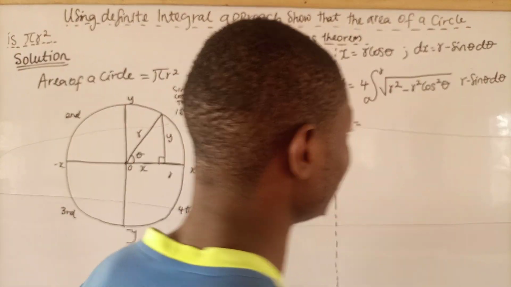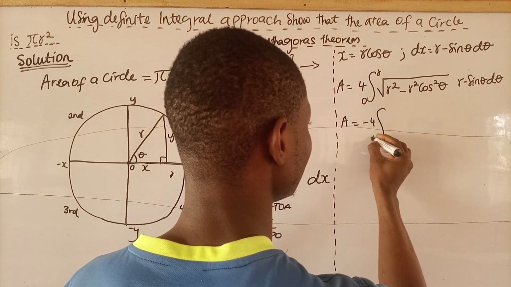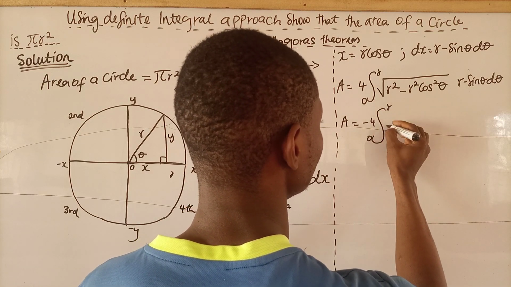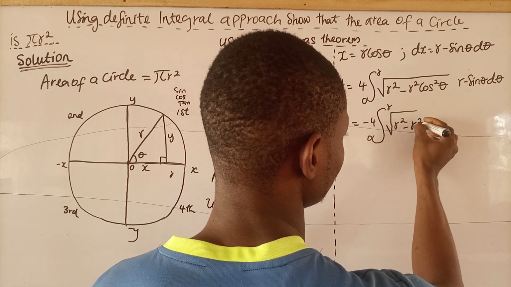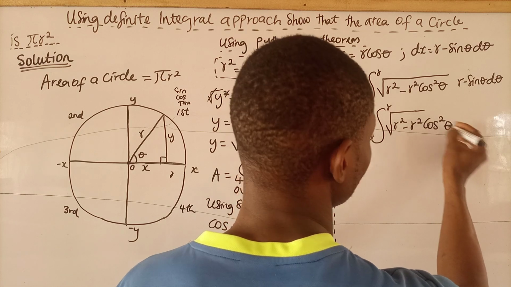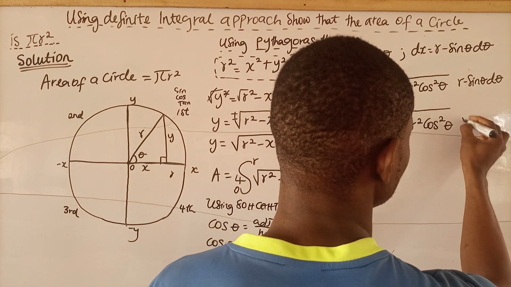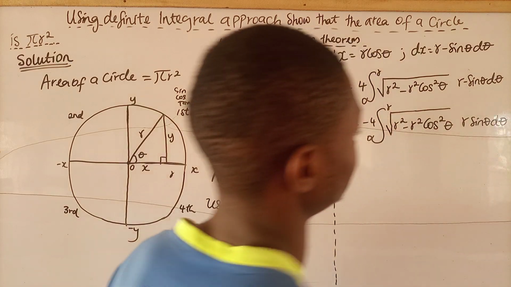We can factor this minus. So it's going to be minus 4 integral from 0 to r of the function r squared minus r cos squared theta, then r sine theta d theta.